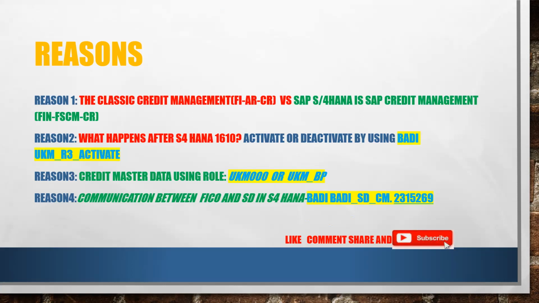At the same time, sales area, sales and distribution level, VD01, VD02, VD03, and company code data level FD01, FD02, FD03. All these transactions became obsolete. We'll have one more discussion on which transactions got removed when comparing ECC to S4, and which are newly added. We'll try to maximize those sessions.